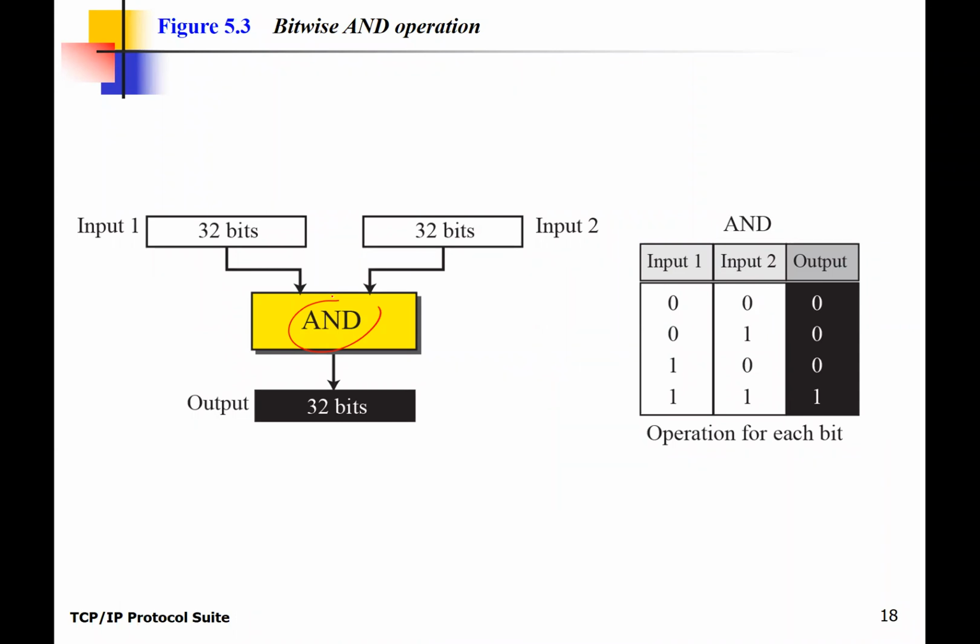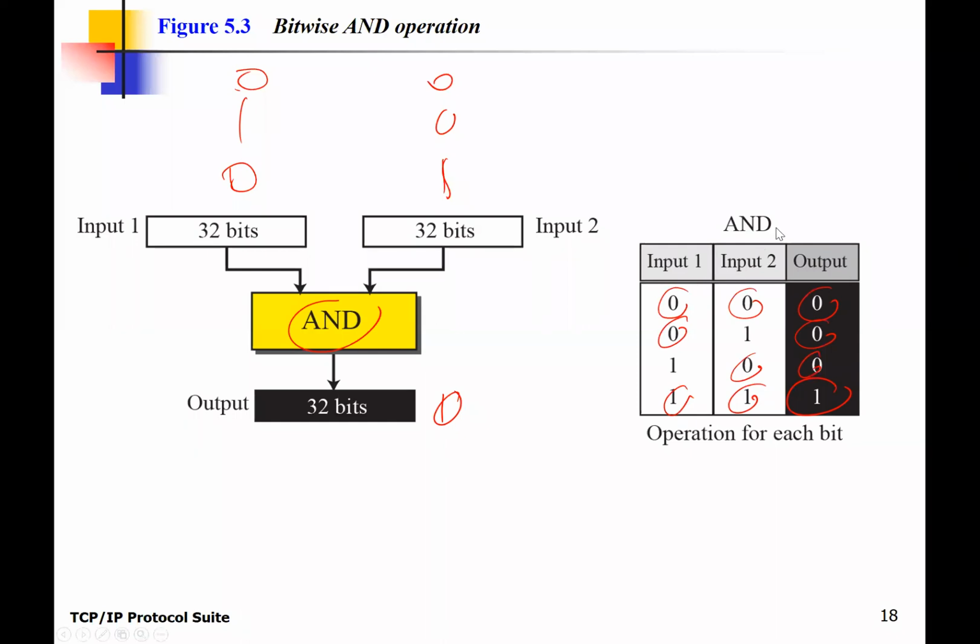So if you have 1 1, the output will be 1. If you have 0 1, or 1 0, or 0 0, the output will be 0. Clear? Same thing.